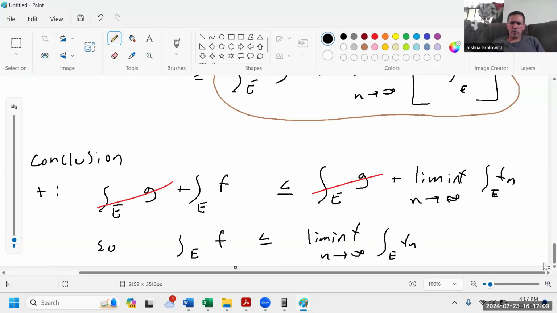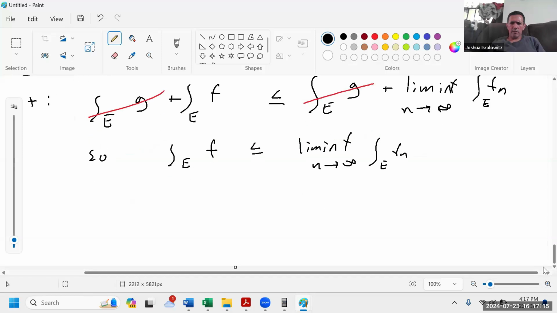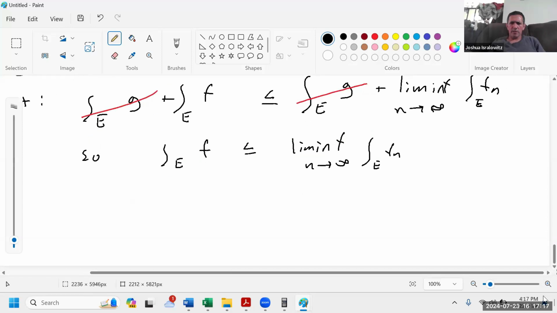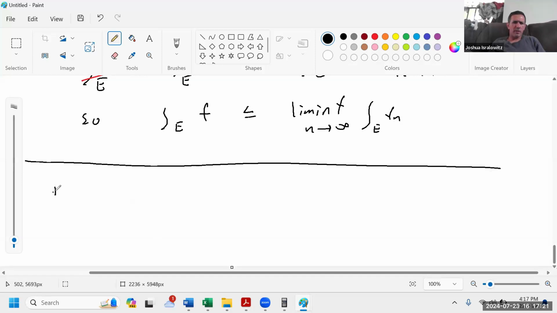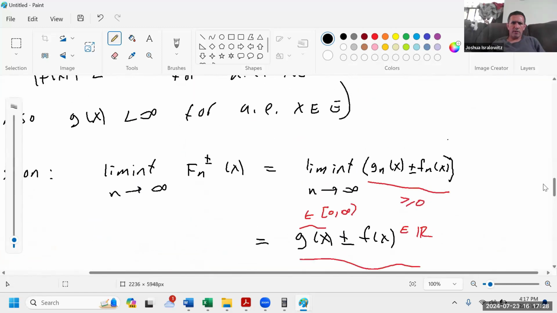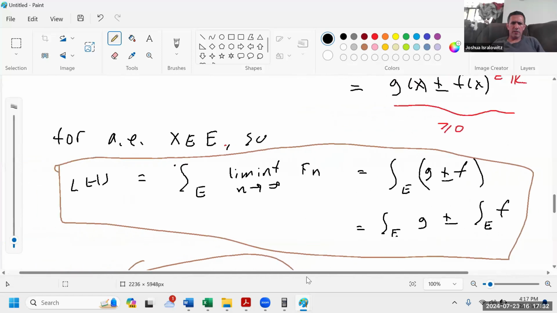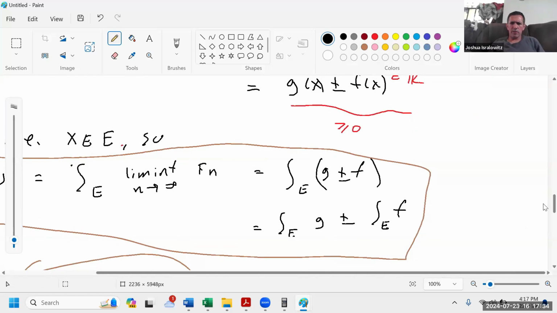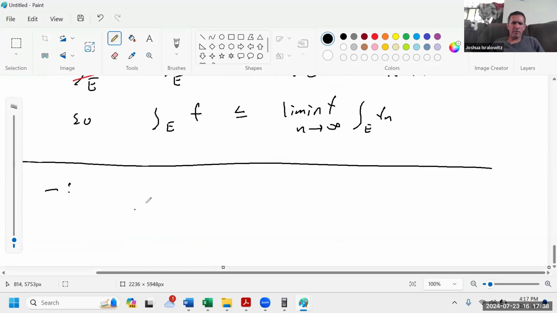So this is half of what I want. And minus that little magic trick of lim inf of something with a minus equals minus the lim sup. Right, so again, the left-hand side is this here. So it's the integral of g minus the integral of f.